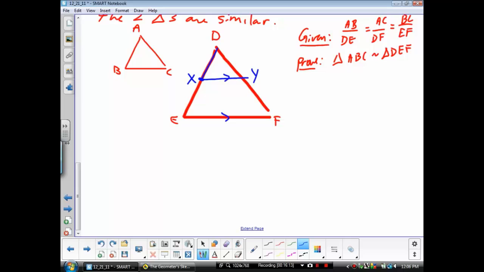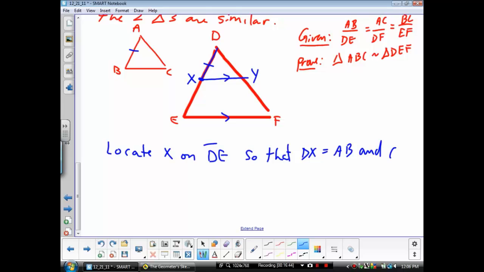So in our proof, we start out with, we know that AB is congruent to DX. We'll locate point X on DE so that DX equals AB, and draw XY parallel to EF. It starts out the same way.